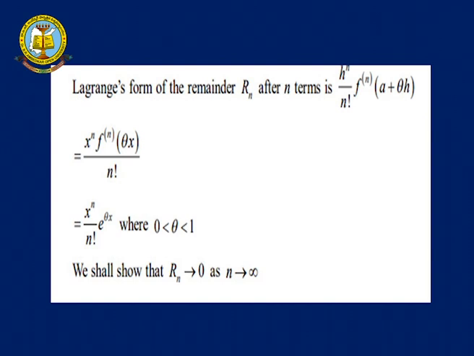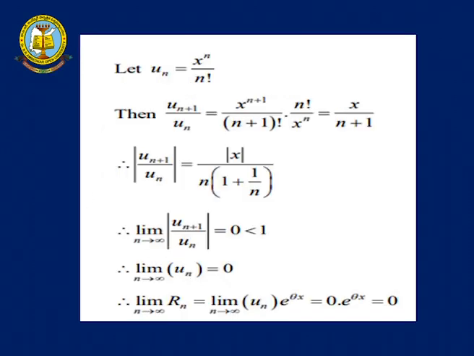Now, we have to prove that Rn tends to 0 as n tends to infinity. Let us take the series un equal to x power of n by n factorial. Then u n plus 1 means in place of n we substitute n plus 1, so that becomes x power of n plus 1 by n plus 1 factorial.